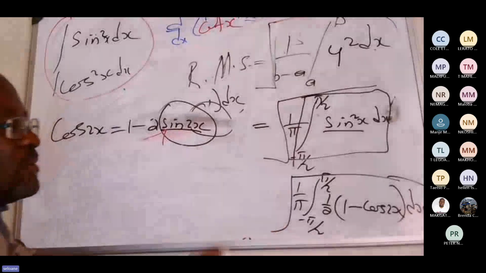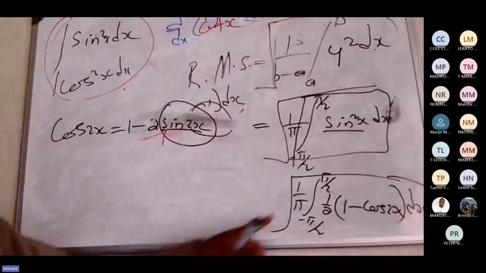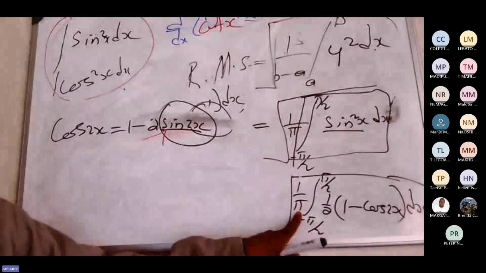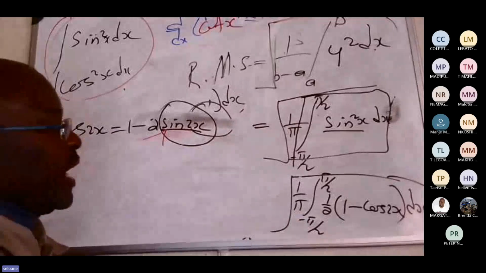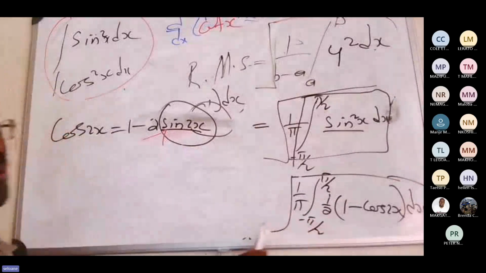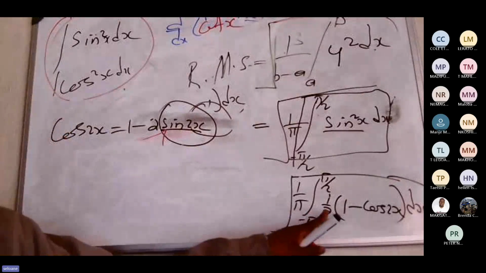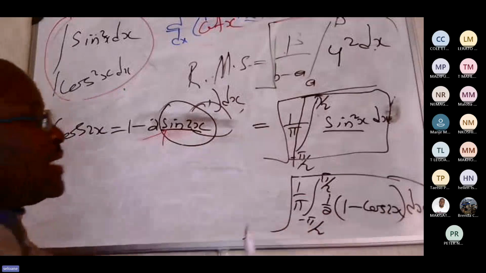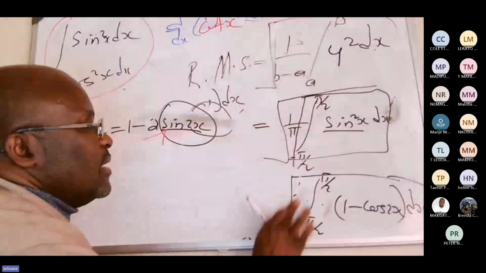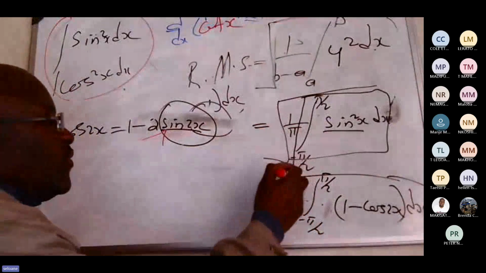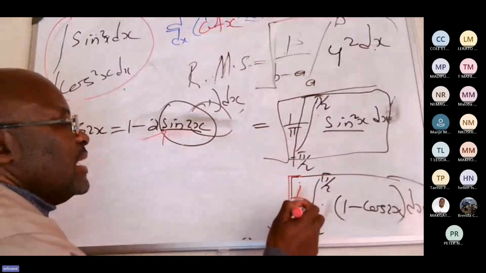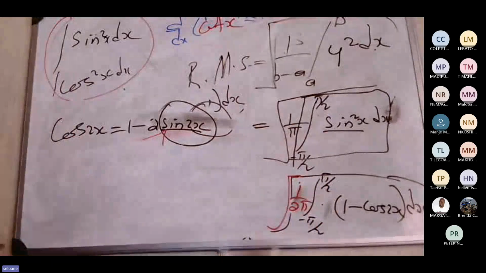Hopefully it makes sense. It will now be the square root of 1 over pi. Then you take the 1 over 2 out, because it doesn't depend on x. Don't forget it's still inside this.